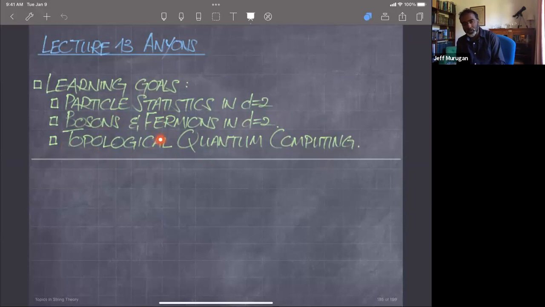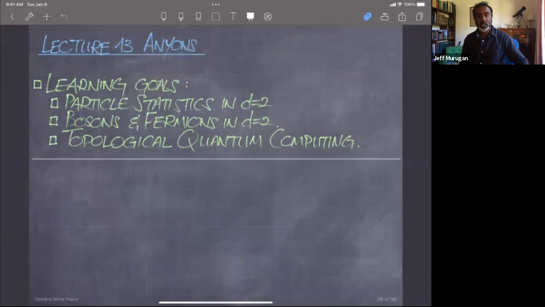This is what's called topological quantum computing, where some set of people, largely sponsored by Microsoft, are looking to use anyons as qubits, as quantum bits. Okay, so let's get started then.